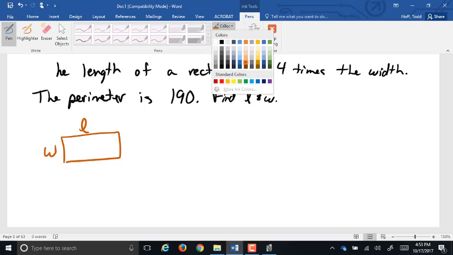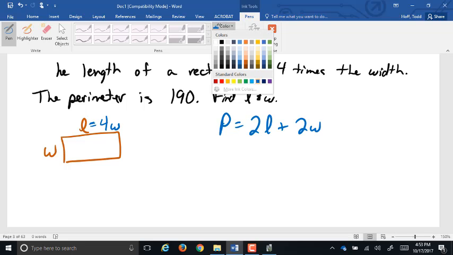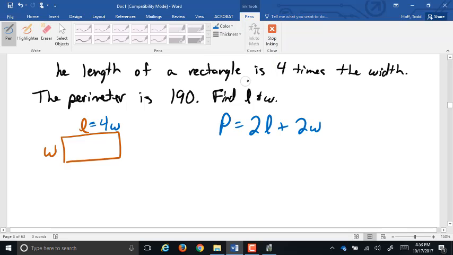So we draw the rectangle. We got width and length. Which one are we going to write in terms of the other? There you go. Length equals width times 4, or length equals 4W. So our perimeter formula, P equals 2L plus 2W, becomes, do we put anything in for P? 190.